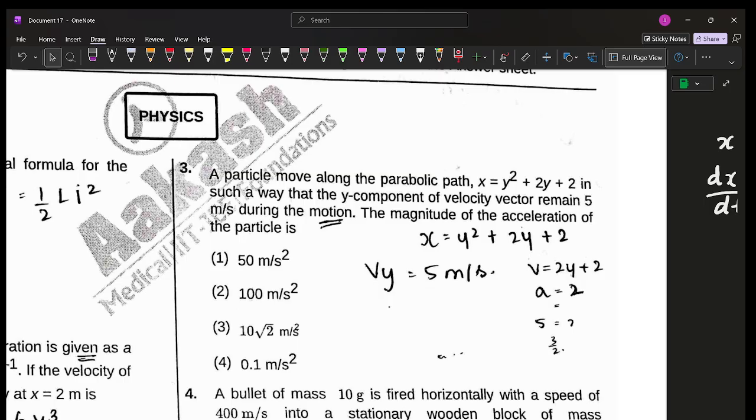So that dy by dt is nothing but 5. And then all I need to do is, so vx is 5 into 2y plus 2, 10y plus 10.